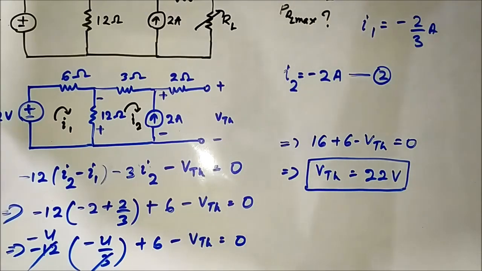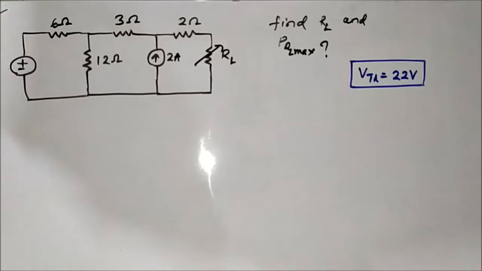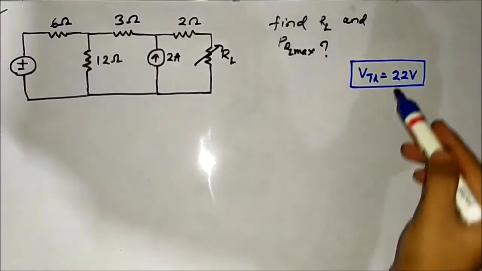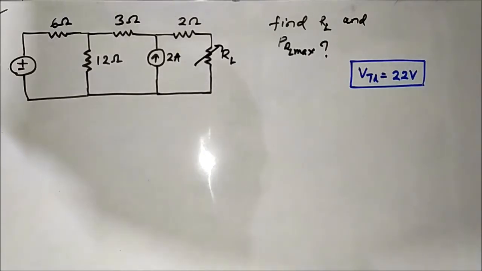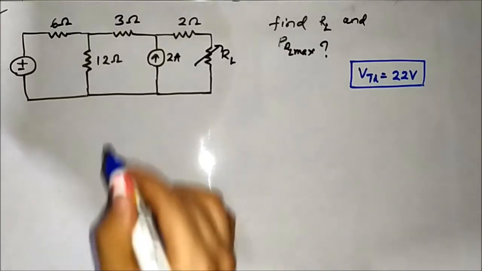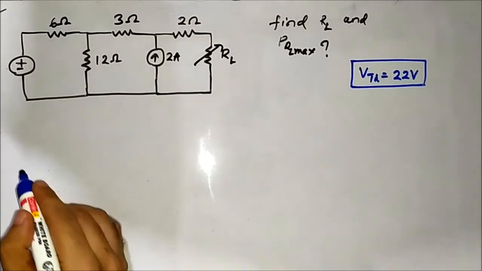Now we have to calculate RTH. Okay friends, we have calculated VTH is equal to 22 volt, the Thevenin voltage. Now for RTH, we have to deactivate all the independent sources. Voltage sources will be short circuited, current sources will be open circuited.